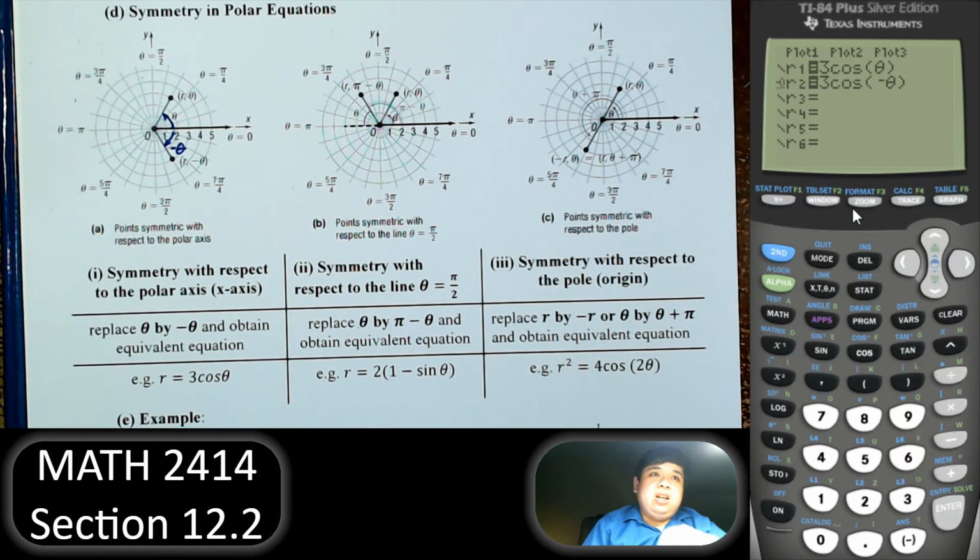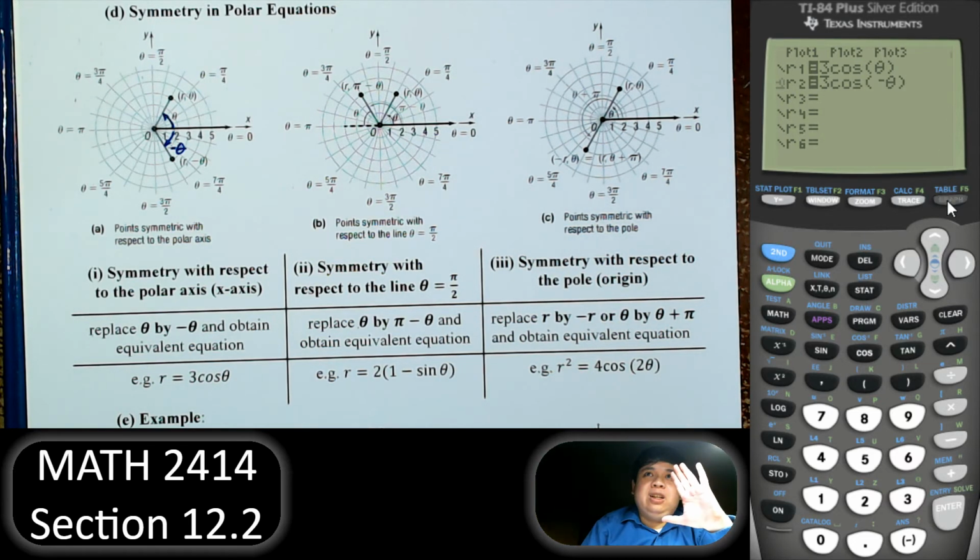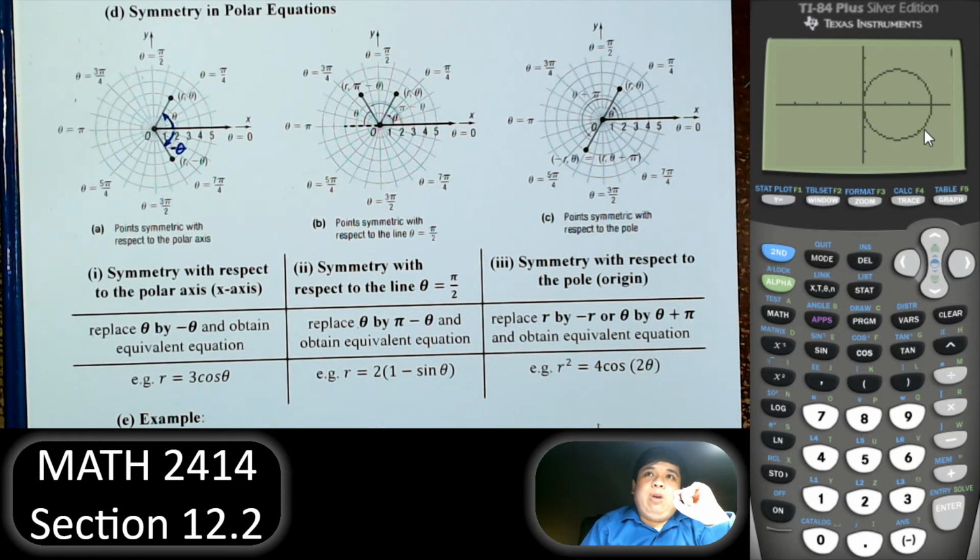When it's flashing this, it will graph a dot around it. So we'll see. First, it graphs the circle, right? Now we graph the second one. See, the second graph will trace on top of the first graph, and it will go over the circle twice.